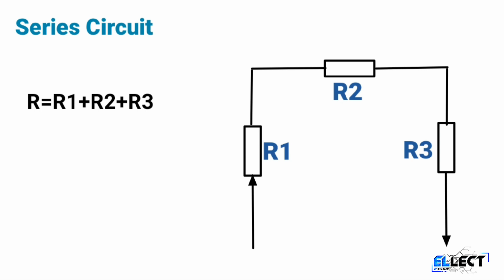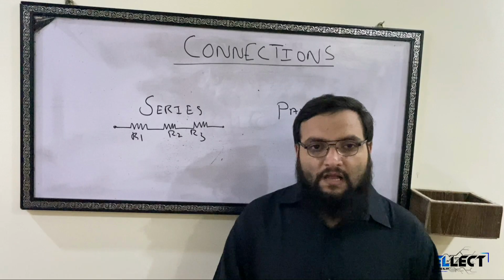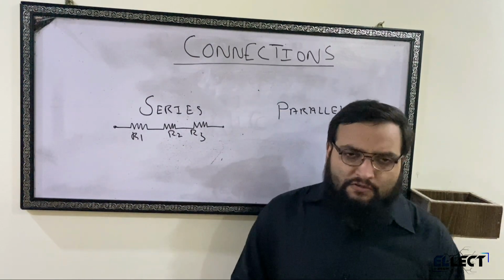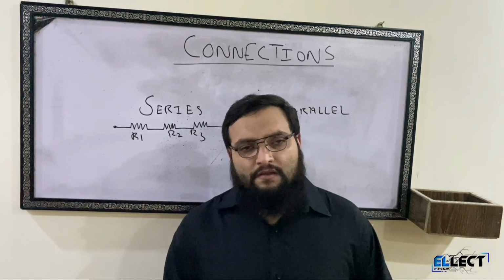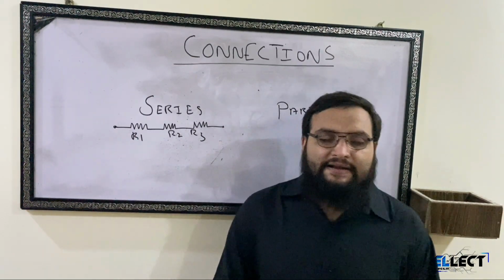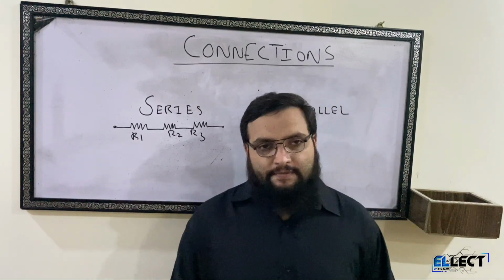Let's suppose R1 is equal to 1 ohm, R2 is equal to 2 ohm, R3 is equal to 3 ohm, then the equivalent resistance connected in series will be greater than 3 ohm, that is the highest value of the individual resistor. The second point is that the current flow through the series circuit is the same. The voltage across the series circuit will add up, V is equal to V1 plus V2 plus V3.